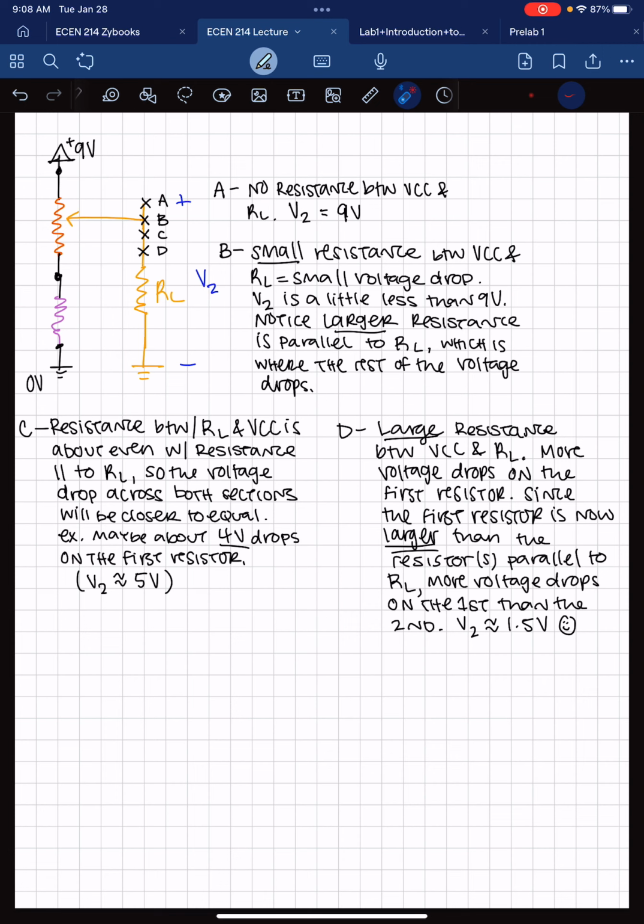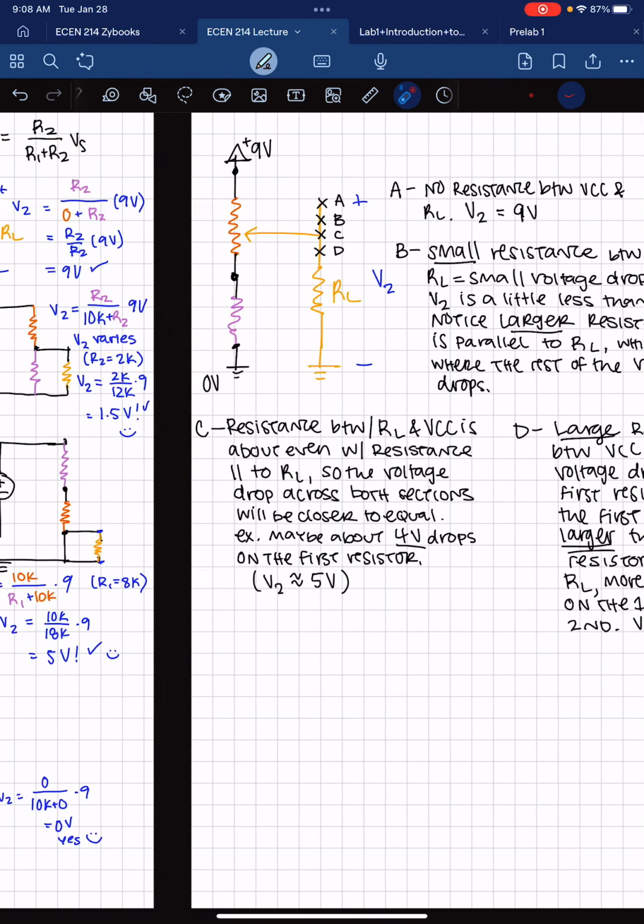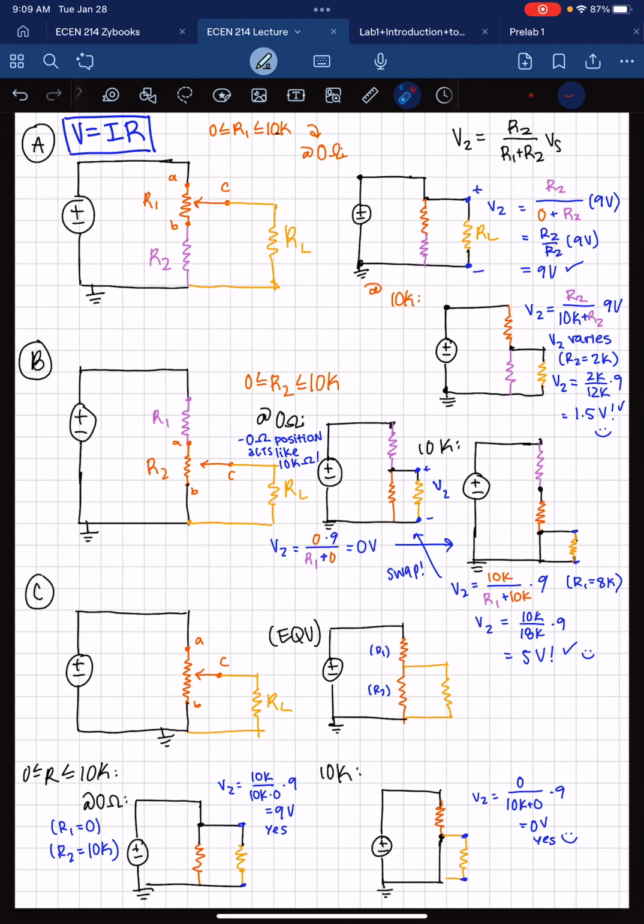That's right. So then position C, the resistance between R sub L and VCC is about even. So we'll say this is roughly equal to this, which is what we saw over here when we split it roughly in half, where this top one was 8K and this bottom one was 10K.